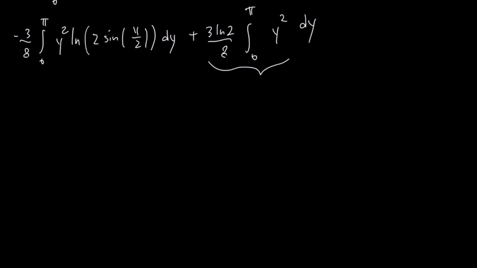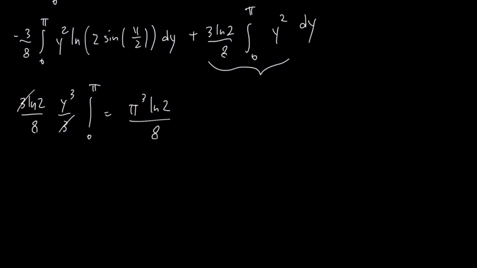And solving this outermost integral first, we have a 3 natural log of 2 over 8. The integral of y squared is y cubed over 3, and that's evaluated from 0 to pi. The 3's end up canceling, and we have a pi cubed log 2 over 8 term.